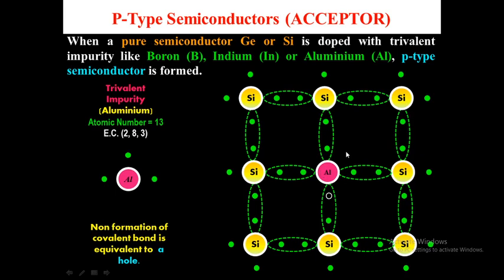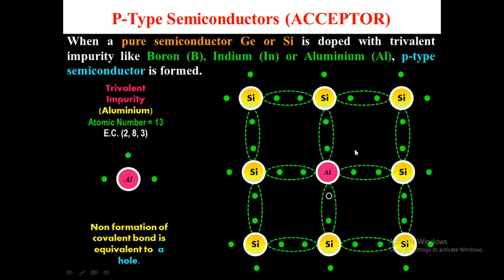So what happens next? When we increase the temperature beyond 0 Kelvin, as we have seen in intrinsic semiconductors, the electrons present in the covalent bonds become free. Suppose one free electron from a covalent bond starts moving and encounters this hole. It combines with this hole and is again responsible for the formation of a covalent bond.